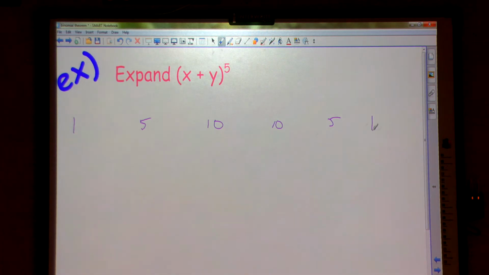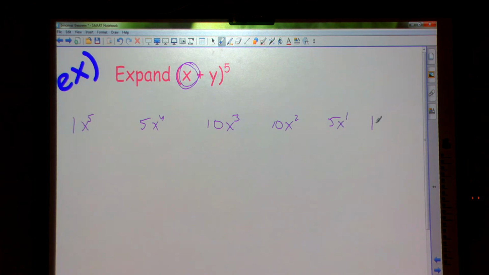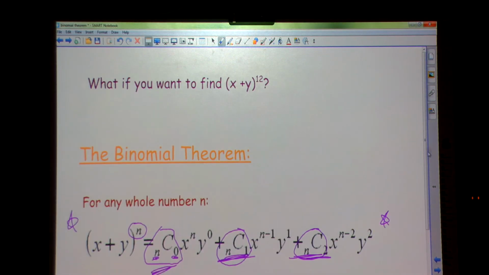Left a little room. Because now what I do is I take this first term and I start off with its highest power, x to the 5th. X to the 5th, count down to the 4th, 3rd, 2nd, 1st, and that's really x to the nothing, which is 1, so we don't write it. If I go back to the binomial theorem, you'll see why we count down. N minus 1, n minus 2, until it's nothing. So you're counting down.